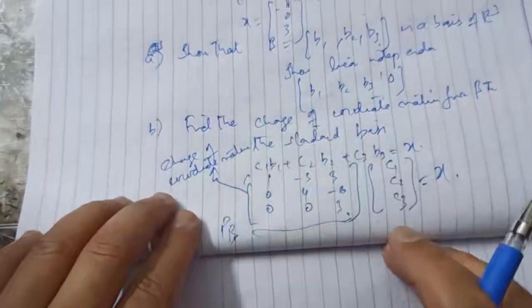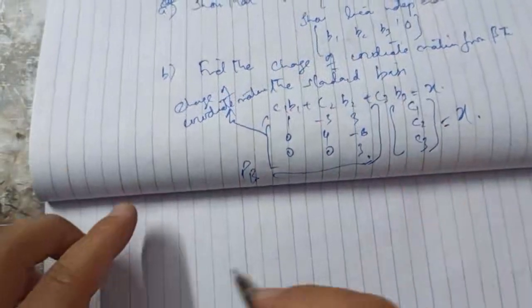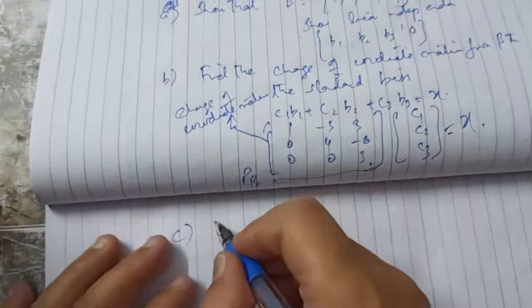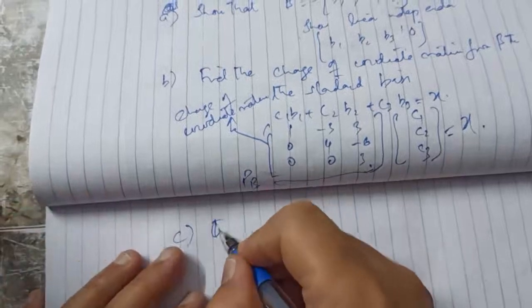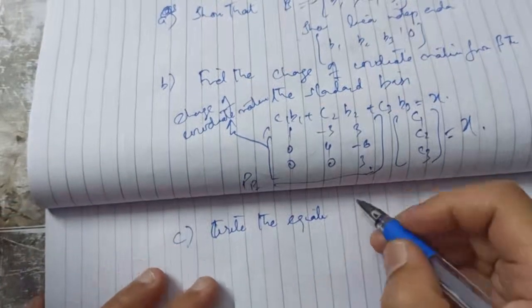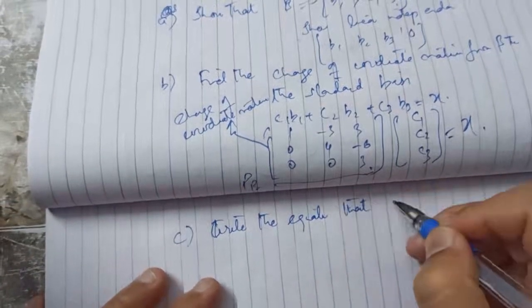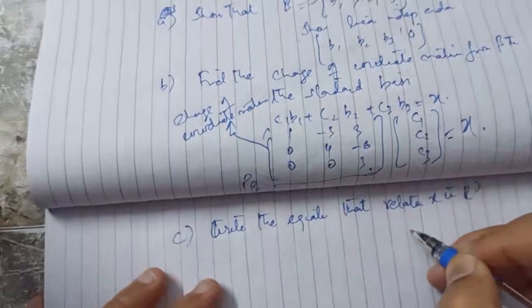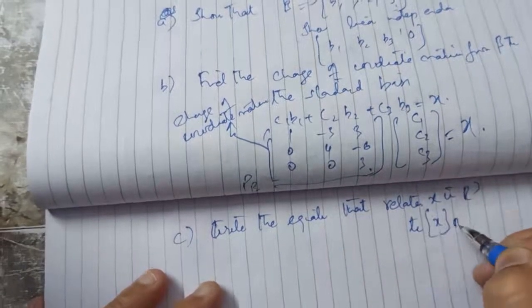And the third part is to write the equation that relates x in R cube to x of B, right?